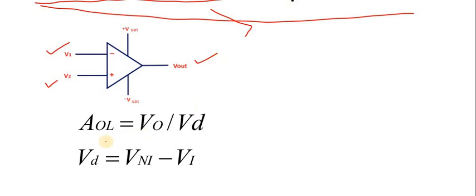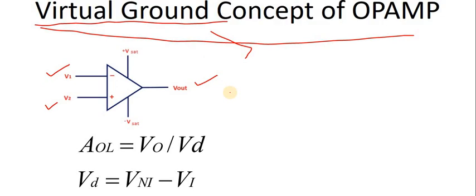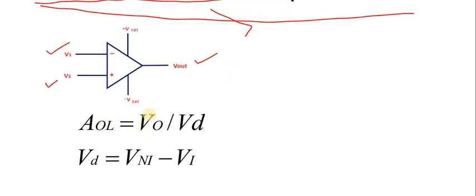The open loop gain AOL is V out by VD, and VD is the difference of input voltages, that is, the voltage at the non-inverting terminal and the voltage at the inverting terminal.